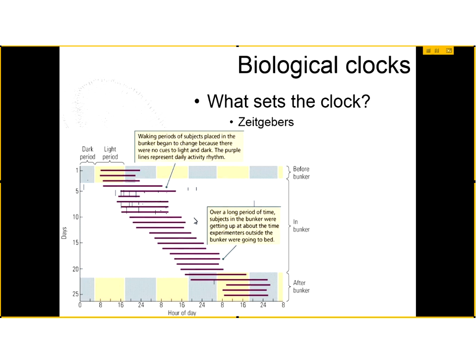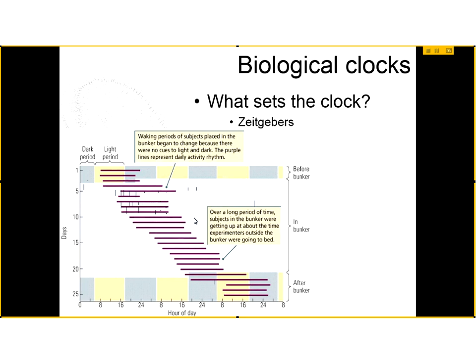So this bunker experiment illustrates two important points about our circadian rhythms. First of all, there are important information cues coming from our environment that set the clock. But when we remove those cues, we don't just haphazardly go to bed and take short naps. We still have a bulk of time where we're active, and then the remaining day where we're asleep.